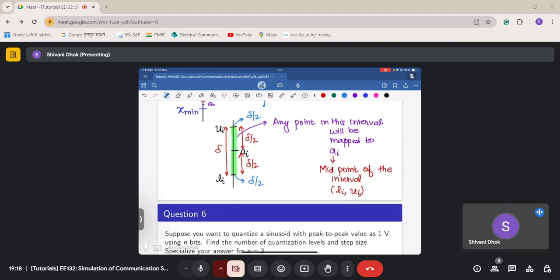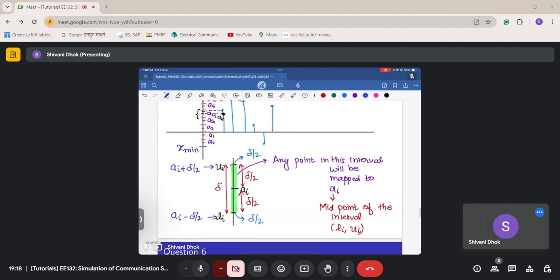What you can do is write this Ui as Ai plus delta by 2 and this Li as Ai minus delta by 2.